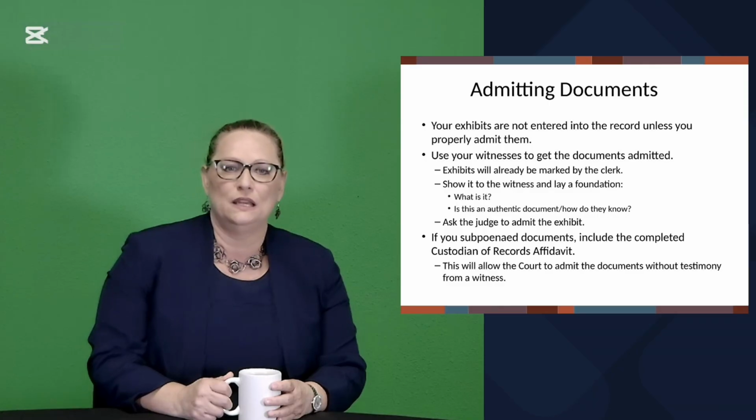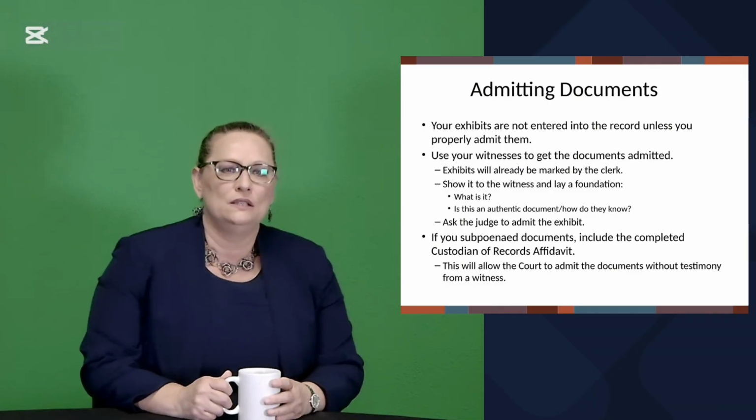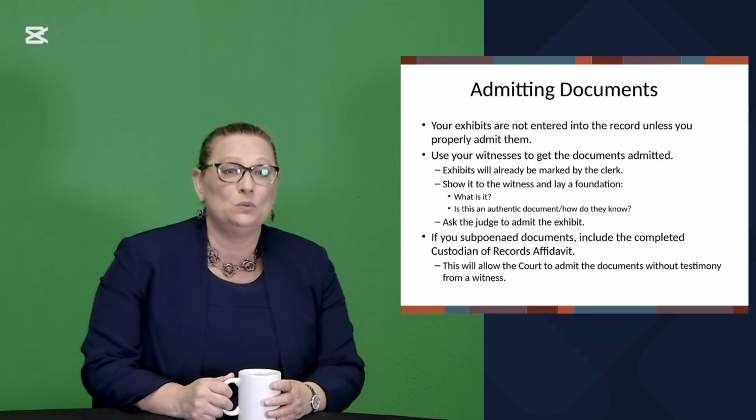You can testify about those records if you have the custodian of records affidavit. But if you don't, then you have to have the person who maintains those records actually come in as a witness. So it's really important that you have that affidavit in order to avoid having extra witnesses or all this extra work, when really you just need this affidavit that verifies that that's an authentic document that they maintained.